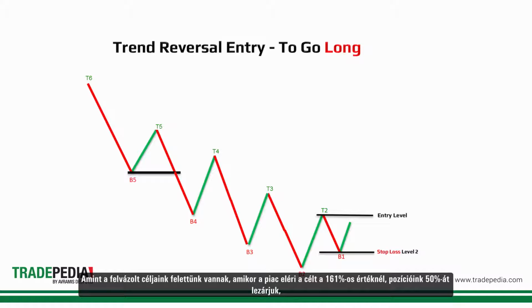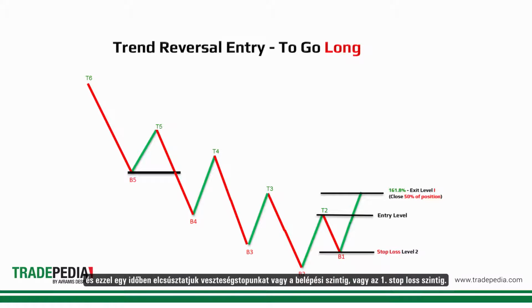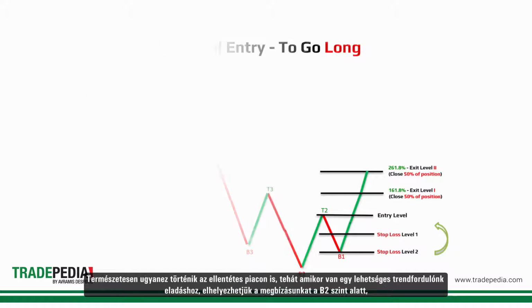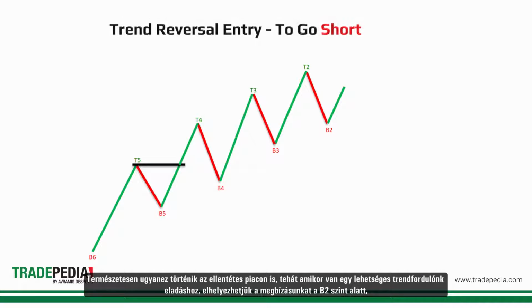Now, as the market reaches the first target at the 161%, we close 50% of our position and at the same time trail our stop loss either up to the entry level or to stop loss level 1. From there on, we allow the trade to reach the second outlined target at 261, where we close the remaining 50% of the position.